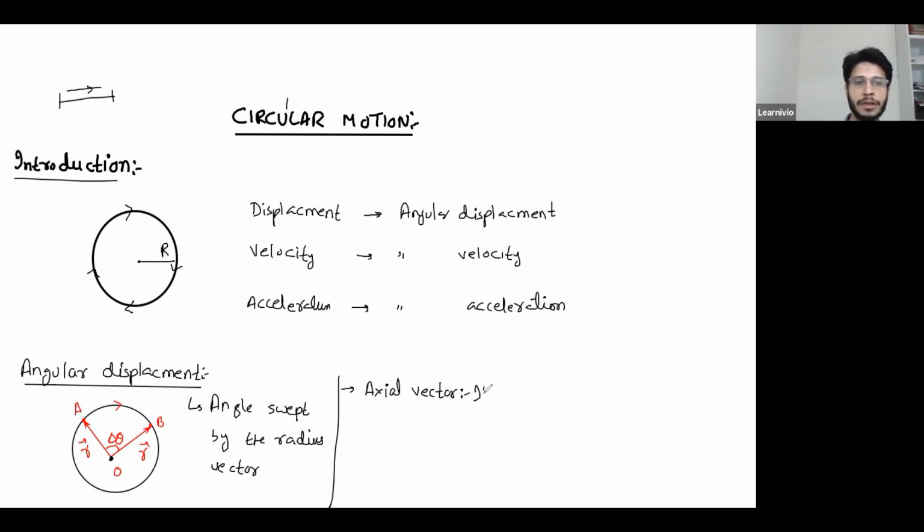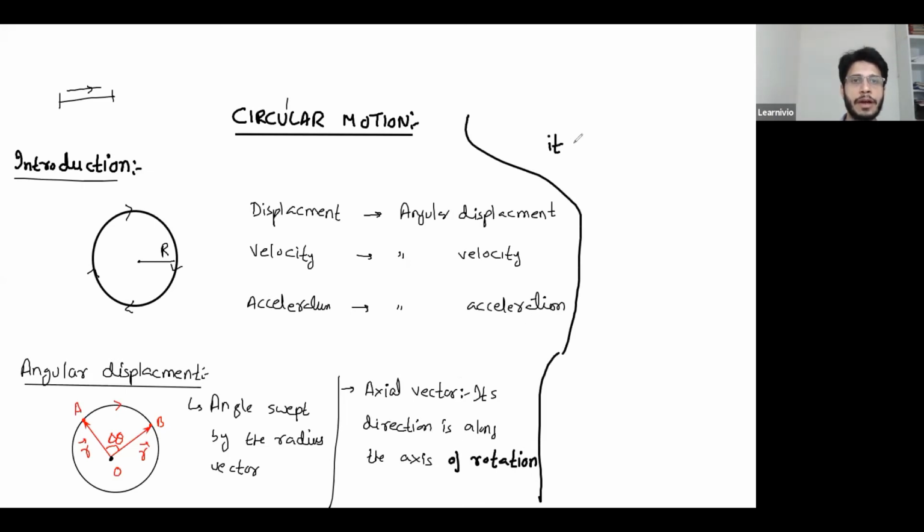As an axial vector, its direction is along the axis of rotation, and it is given by the right-hand thumb rule.